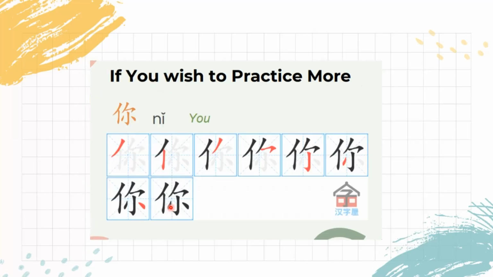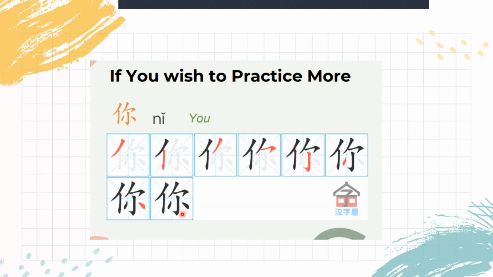If you want to practice more, we have our books, and you can practice writing your Chinese characters there. Our books also provide, you can see this stroke, the first stroke you write, goes from left to right. And if you see the final product of this word, it's actually divided into 2 parts, one on the left side and one on the right side, correct?